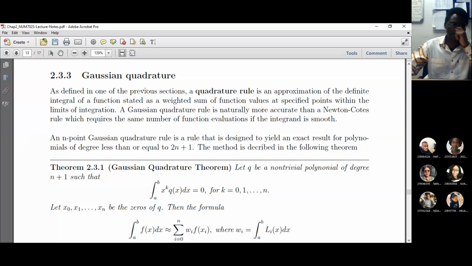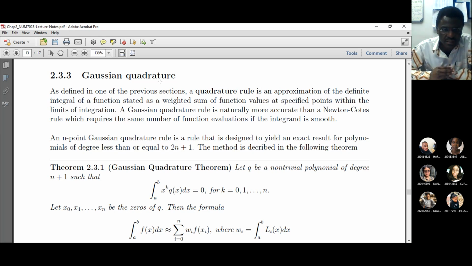Now, you likely ask the question, but what is the difference between the Gaussian quadrature and what we talked about previously, the quadrature formula, still quadrature formula? But they were mainly the Newton-Cotes. Most of the formulas we used previously were Newton-Cotes formulas.